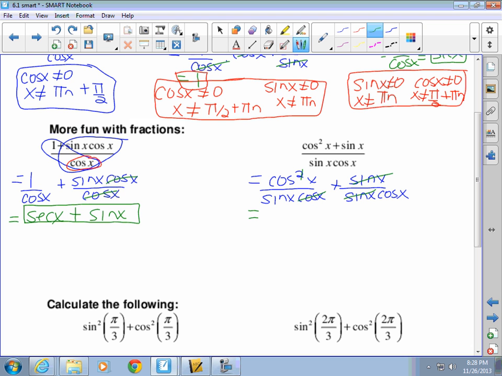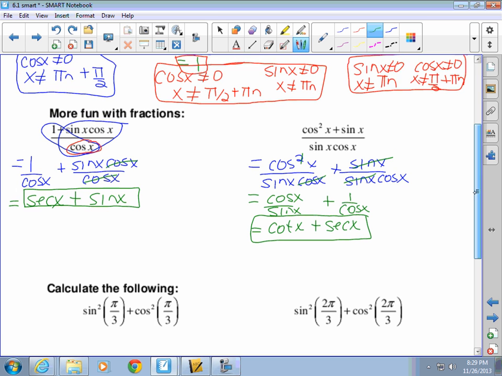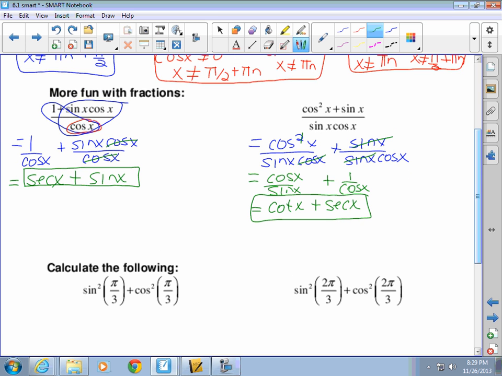So I have cos x over sine x plus 1 over cos x. So that simplifies further. Cos x over sine x is cotangent x, and 1 over cos x is the same as secant x. So that is solved. Restrictions, I would have had to use the sine and the cos.